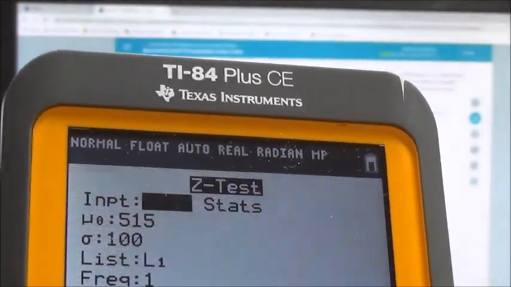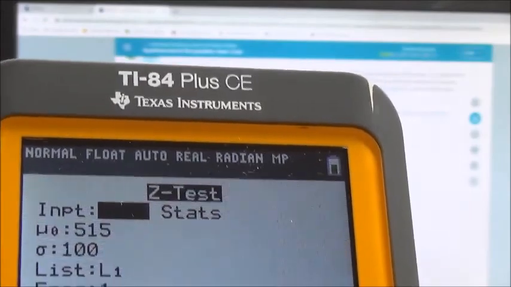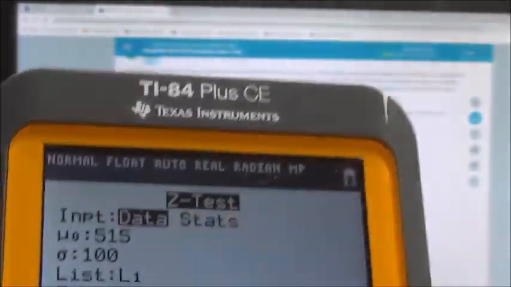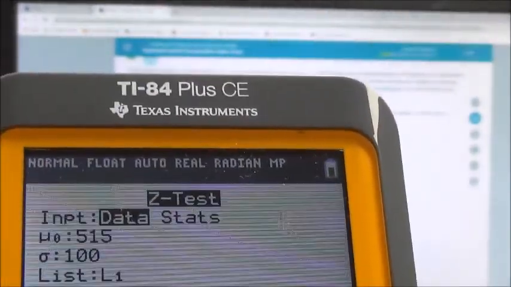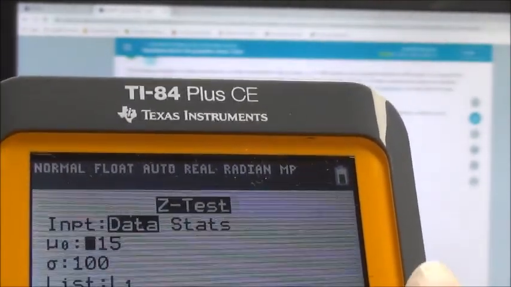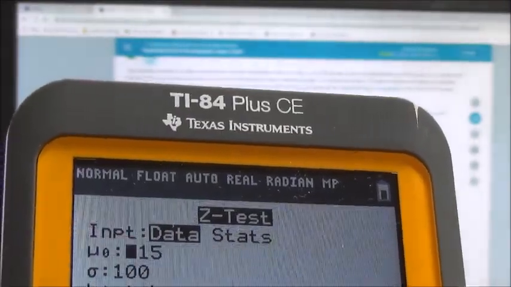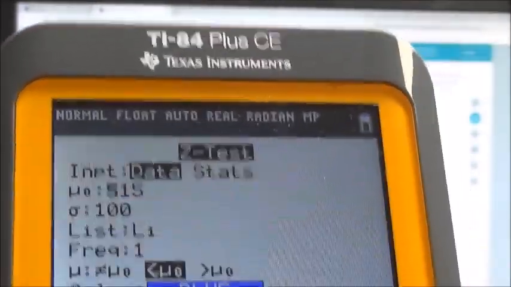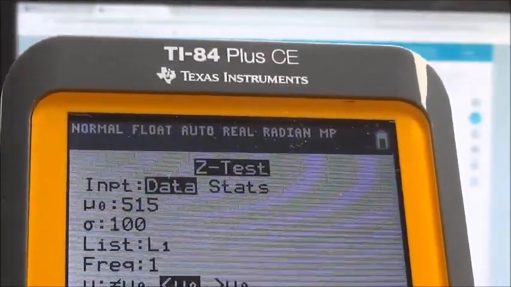Now, you have the choice of either to input the data or the statistics. In this case, since we're doing the data from list 1, you want to have data highlighted. If it's not, enter on data. The mean that we're comparing to is that we want to be less than 515, so we're going to put 515.